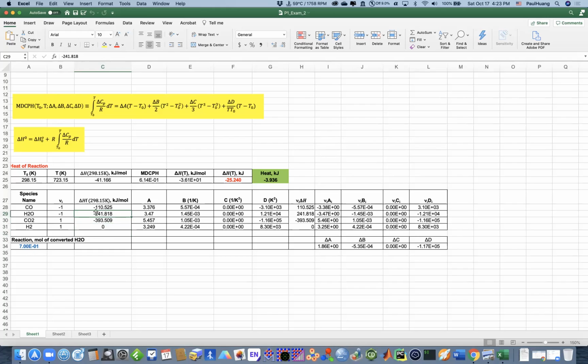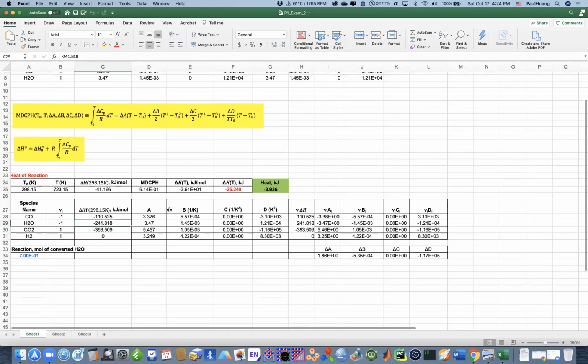Some students did not have the correct value for this, negative 241.818. Other than that, we need to put together again those A, B, C, D CP value coefficients. And for the reaction itself, we need to evaluate the stoichiometry coefficients: the reactants would have negative coefficients, products would have positive stoichiometry values.